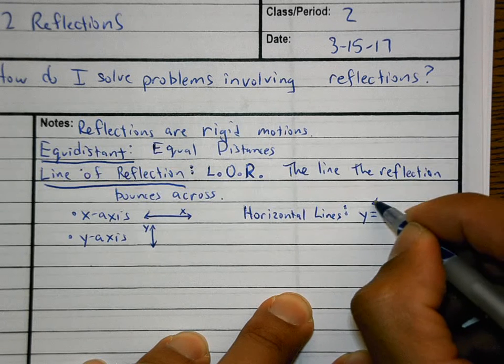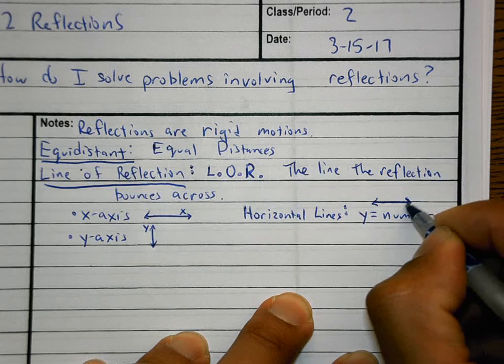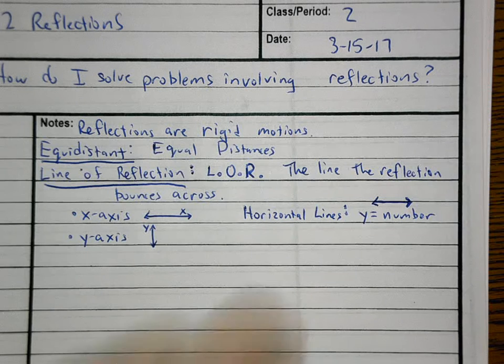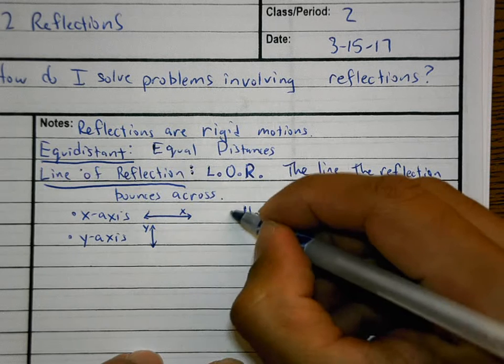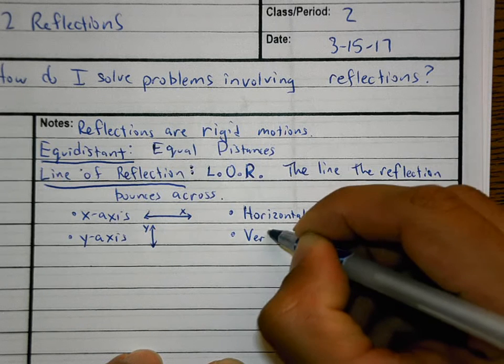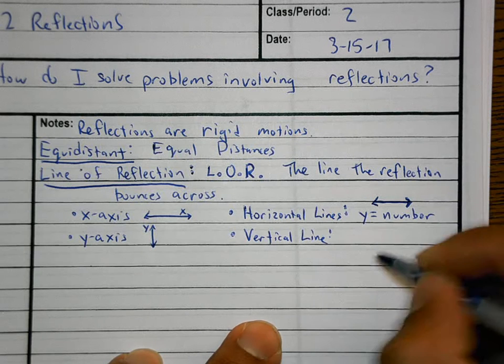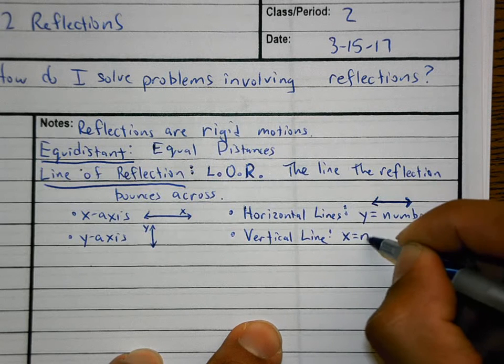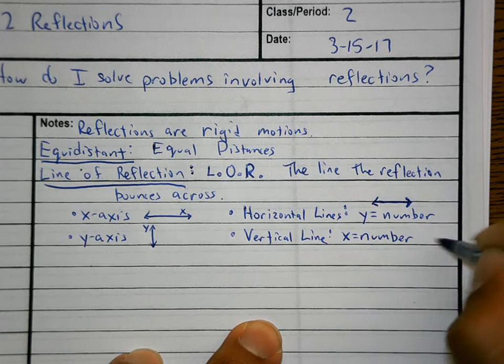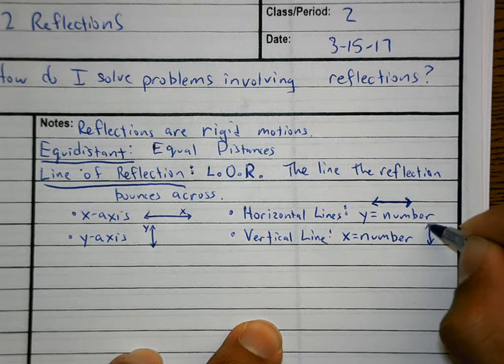They go left and right. They could also be a vertical line, which is always x equals a number. Vertical lines go up and down, in case you didn't know what vertical meant.